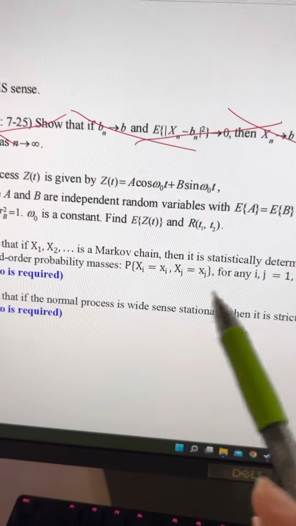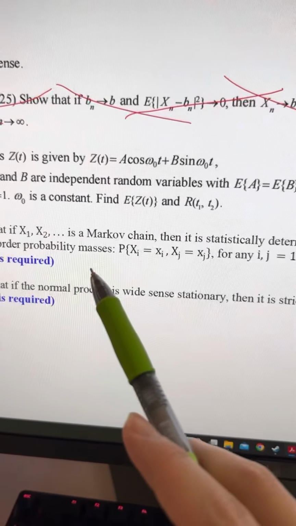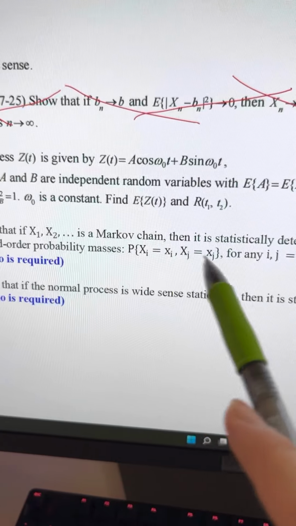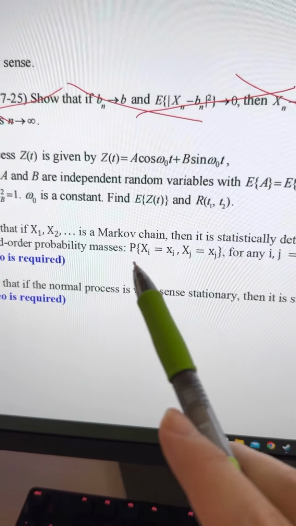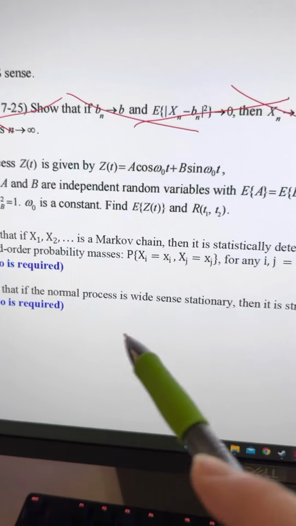This is the second-order probability masses. If there is only Xi equal to xi, that's the first-order probability masses.